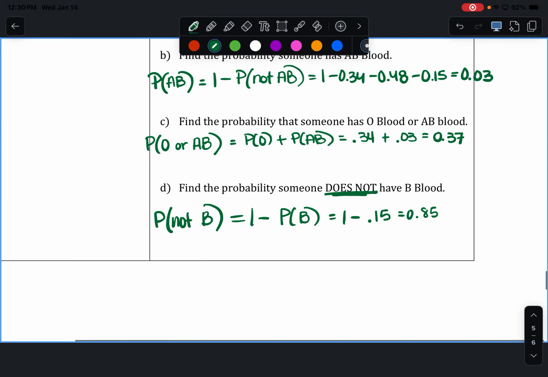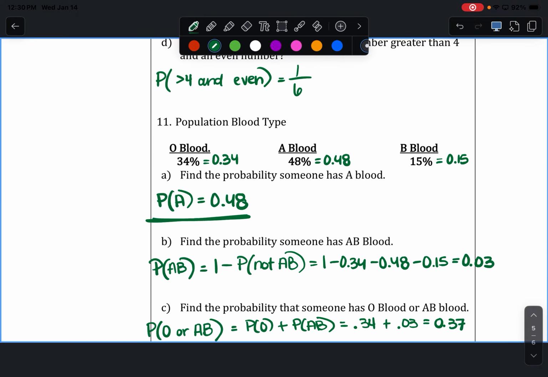Okay, so that is the end of this section notes-wise. We are going to do an assignment today, okay? So I'm going to go ahead and pass it out, and then we're going to talk about a couple things about it, and then I'm going to let y'all work on it for the rest of the class. So we are going to turn it in.